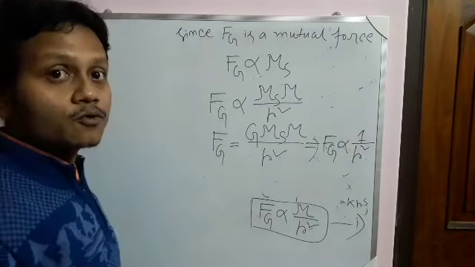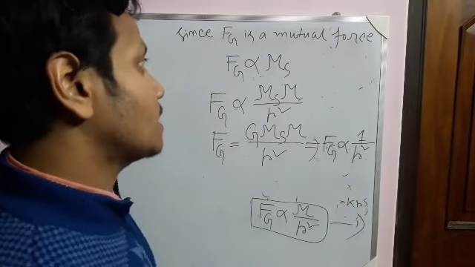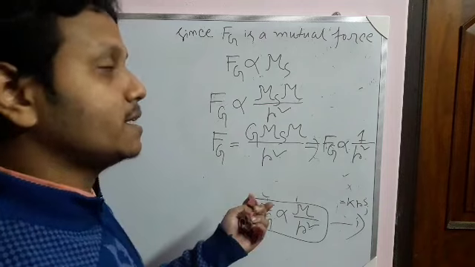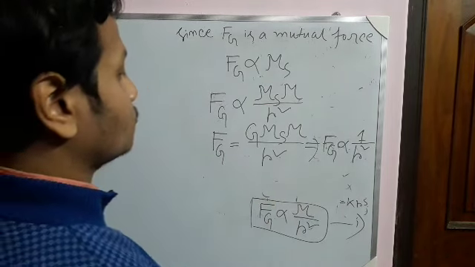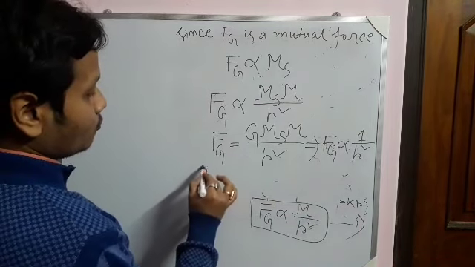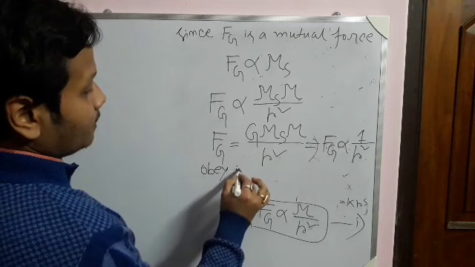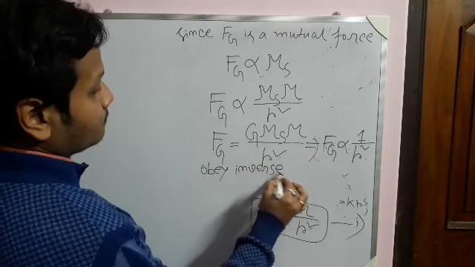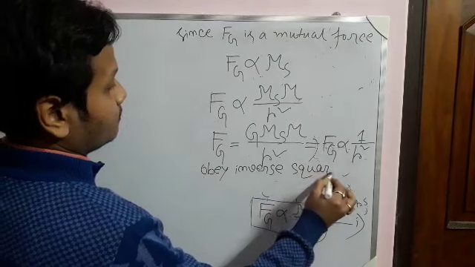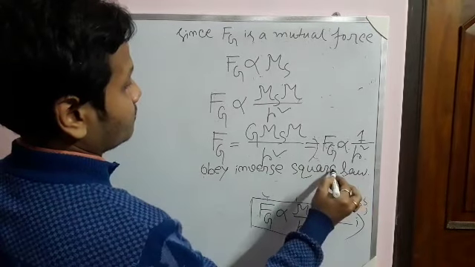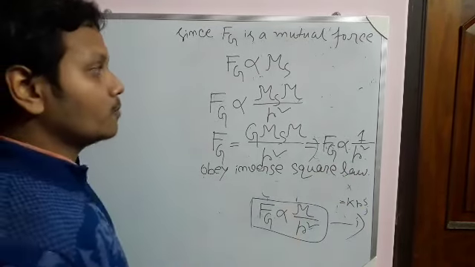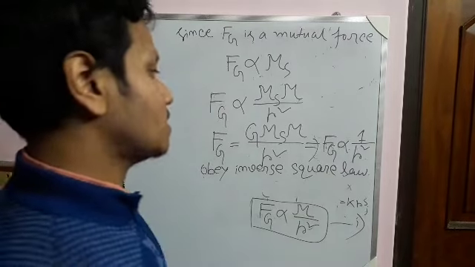The gravitational force of attraction between the sun and any planet, here we take the example of earth, obeys the inverse square law of force. So these are the two problems that you must know.